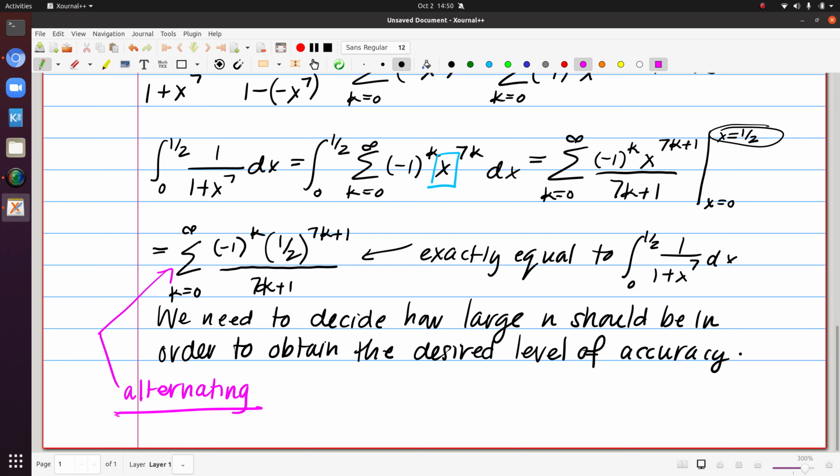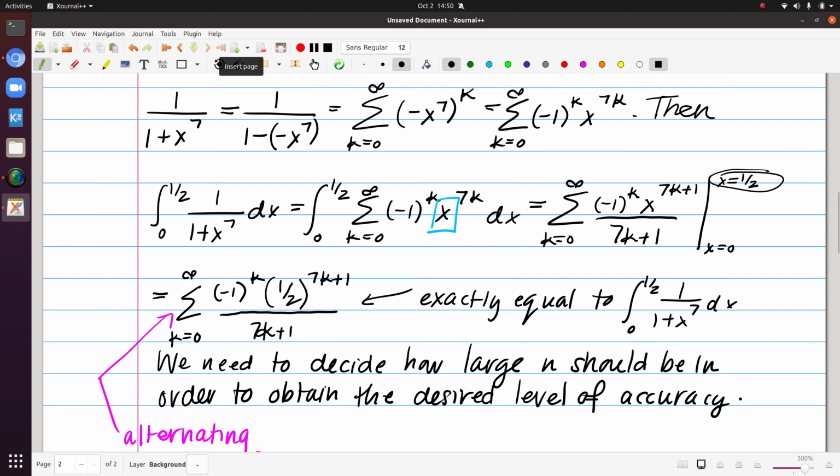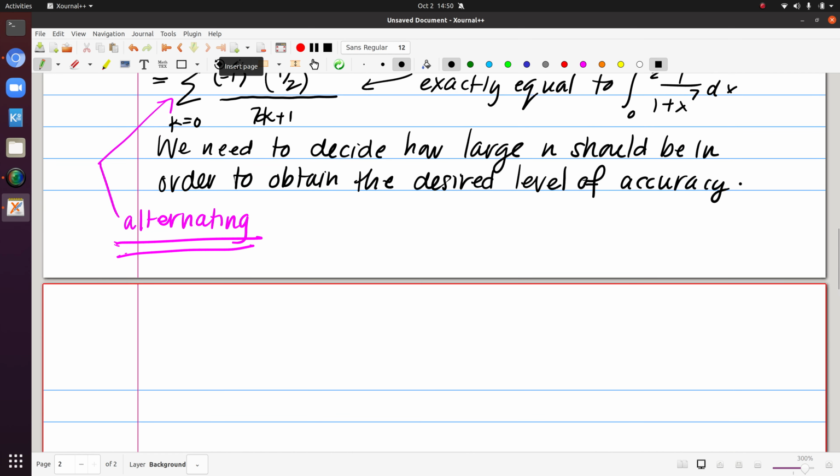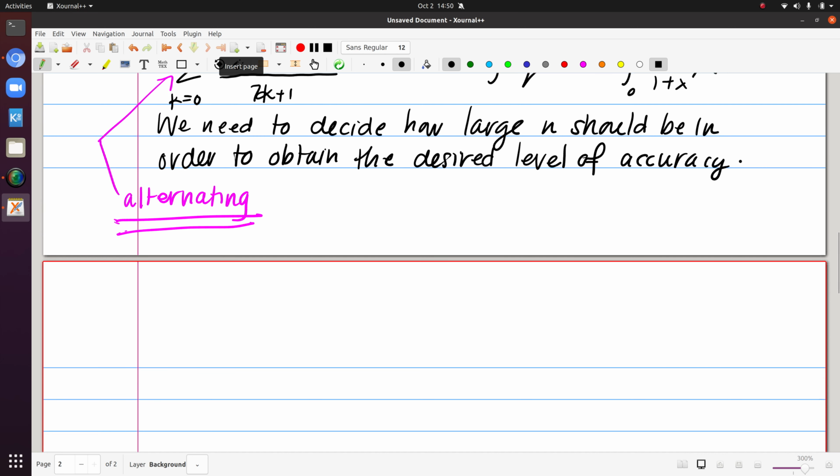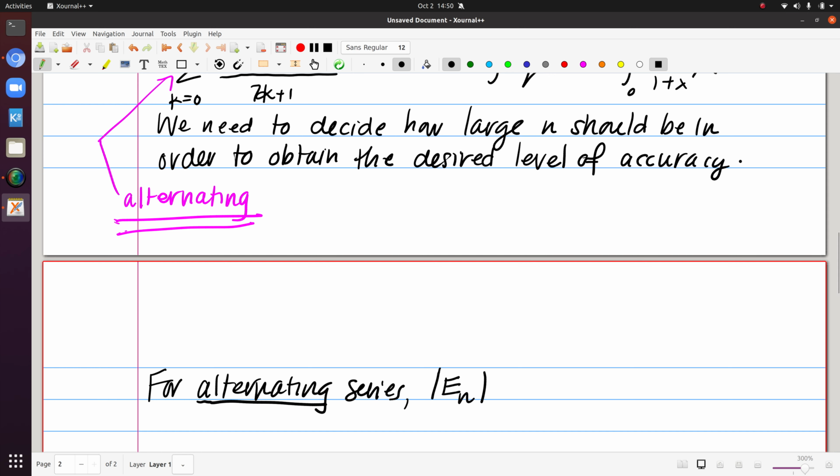And the significance of that is that for alternating series, we know that the alternating series test provides an error bound for us. So for alternating series, we know that this error is bounded above by the absolute value of the next term.